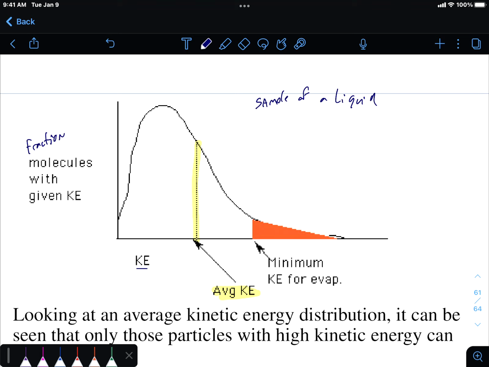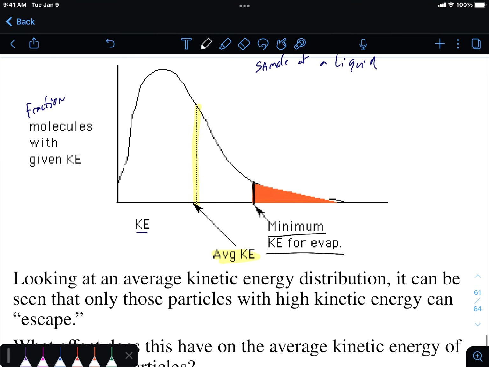But in any distribution, you understand there's some that have more energy, some that have less. So this shaded area right here is the minimum energy that's needed for evaporation. By looking at this graph, what that tells you is that of the entire sample of a liquid, roughly 10% of that sample can evaporate. I'm estimating here, but do you see that? Roughly 10%?